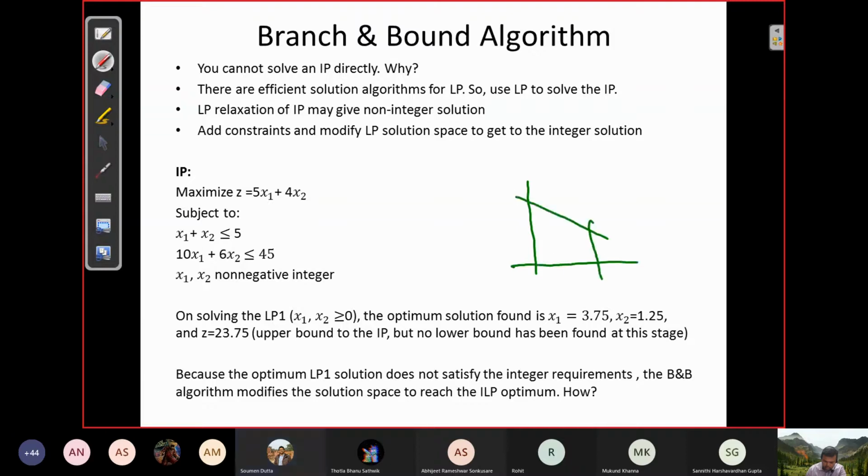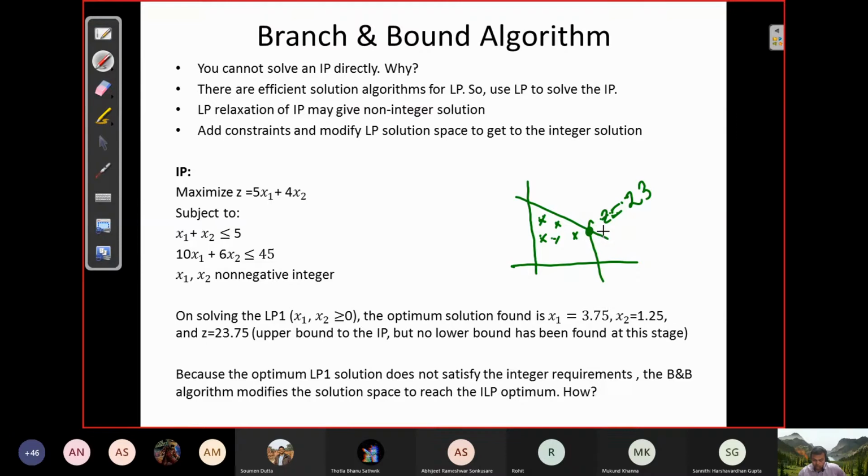So if I look at the graph, here we got this solution z equal to 23.75 as the solution of LP, but suppose I have integer points inside it. Whatever is inside, or even lying on the constraint boundaries, is inferior compared to this corner point.